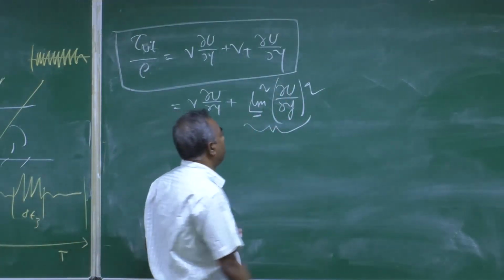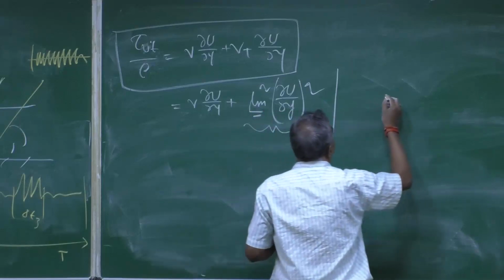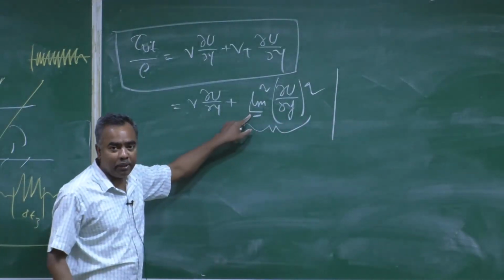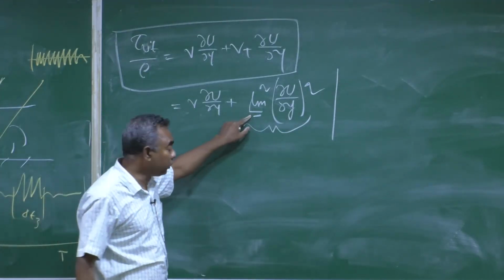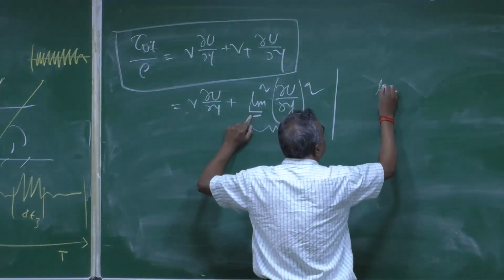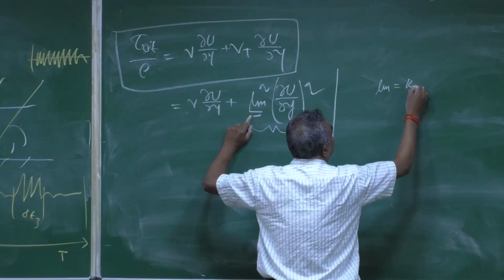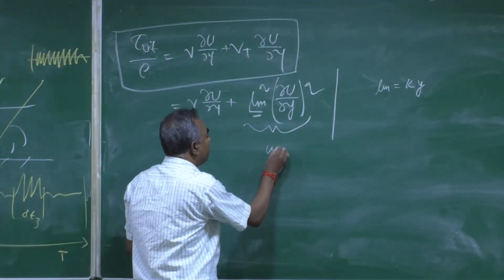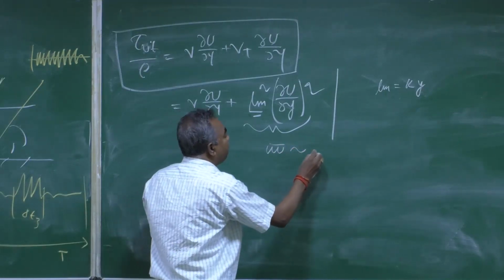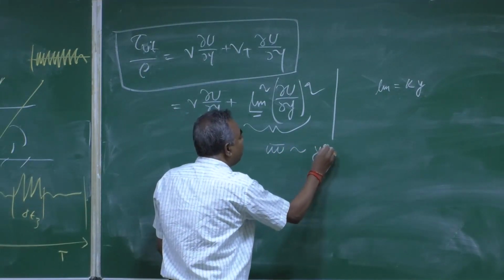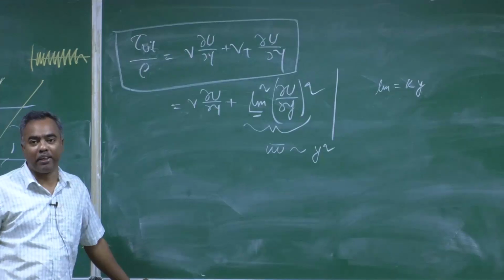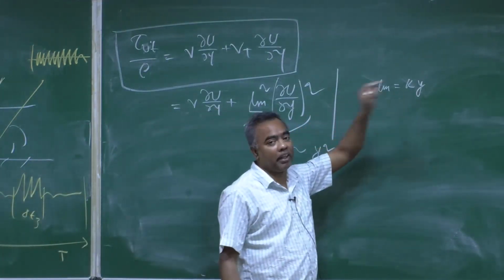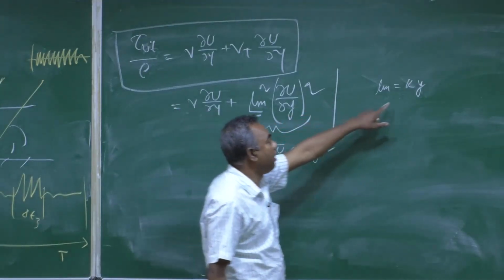This is your Reynolds stress quantity, and if we consider that Lm, even closer to the wall, is kappa y, then this Reynolds stress will vary as y squared, even very close to the wall, as per the approximation Lm equal to kappa y.